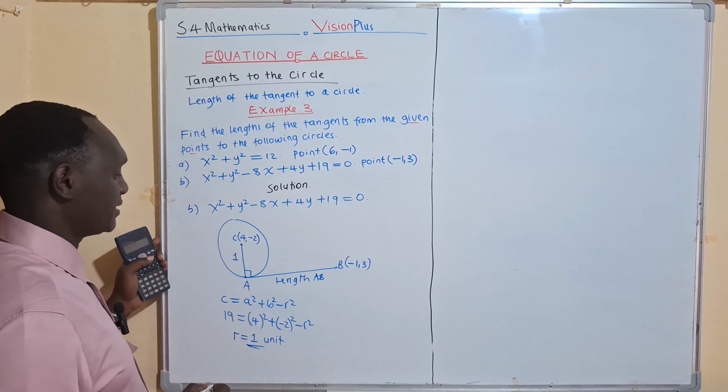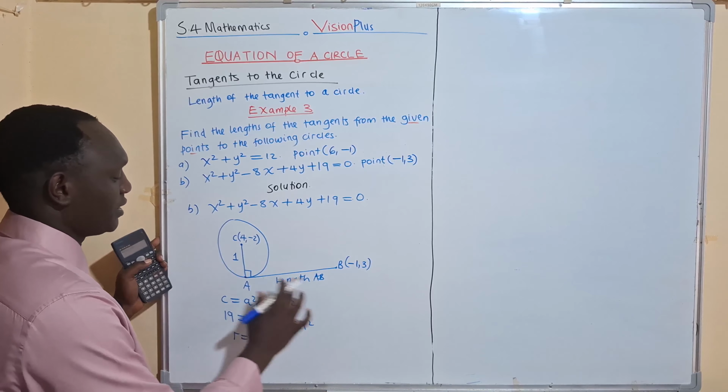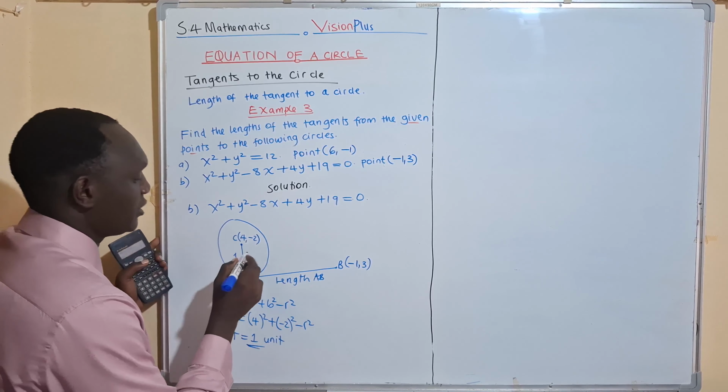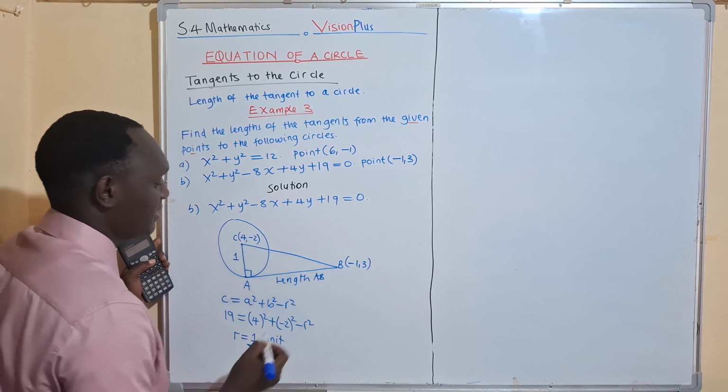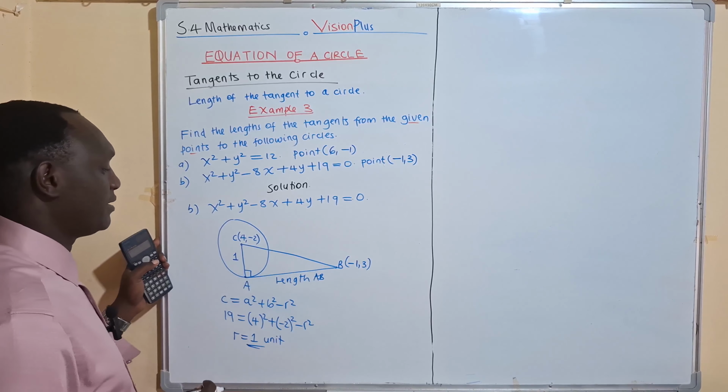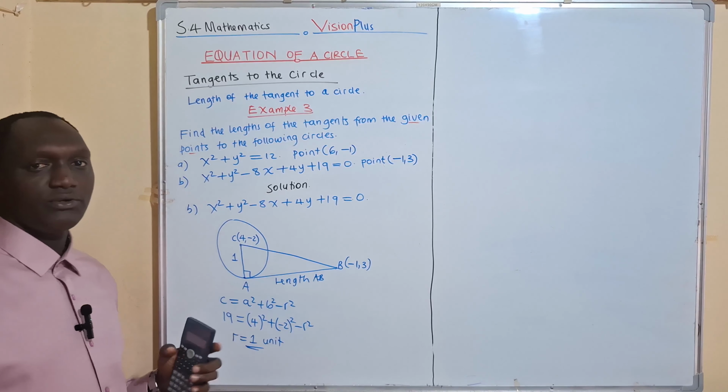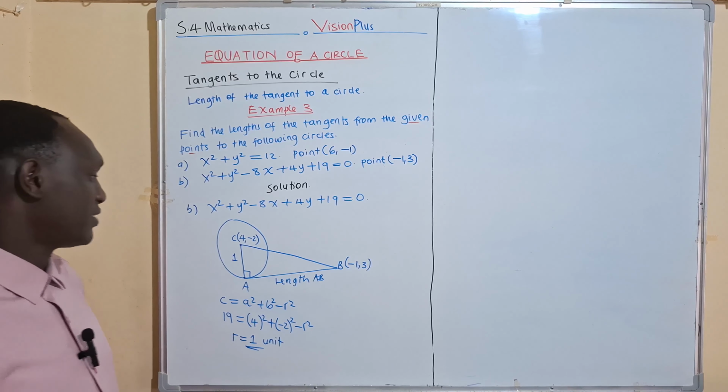Now, what do we need now? We need the length AB. Since we have the distance CA, we can get the length CB to help us find the length AB. Because it is a right angle triangle, we shall apply Pythagoras theorem.